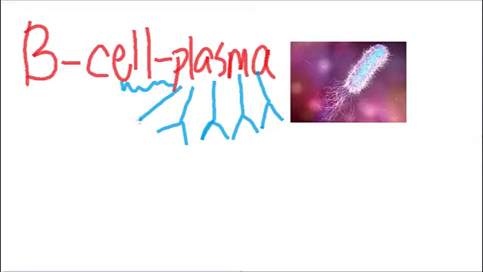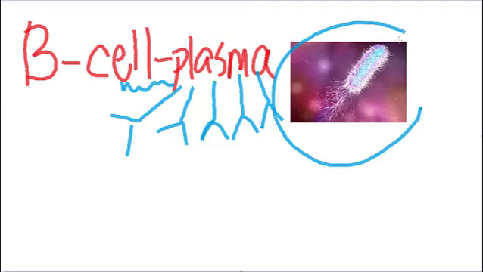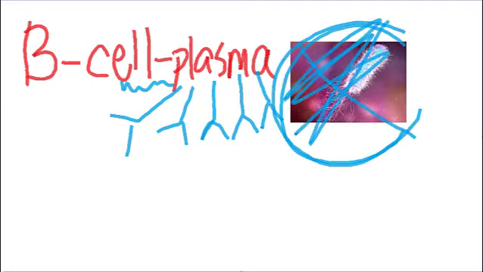So it's just going to keep duplicating that antibody that will attack that cell. And then they're going to invade and kill that cell. That's pretty much the basic concept.